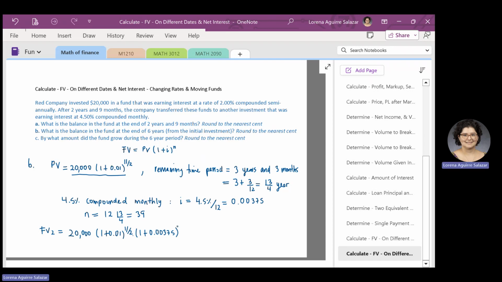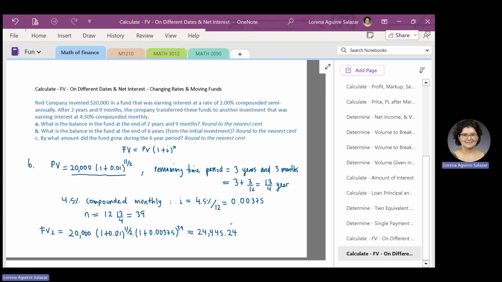And when we use a calculator to compute this quantity, we find that this is about 24,445.24. So there we have that. That's the answer to part B.